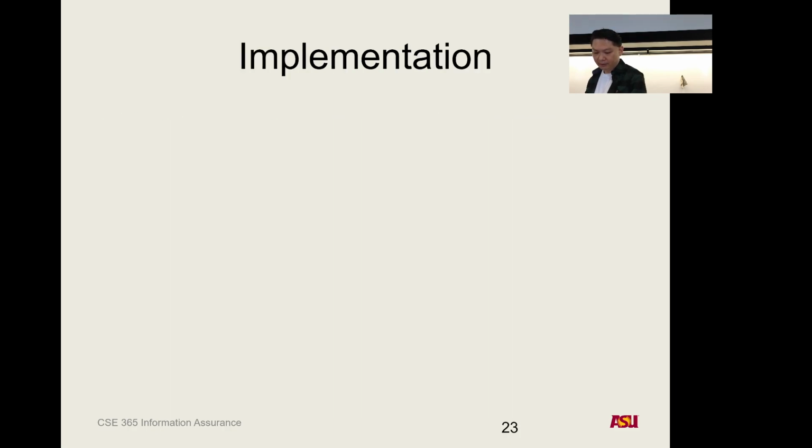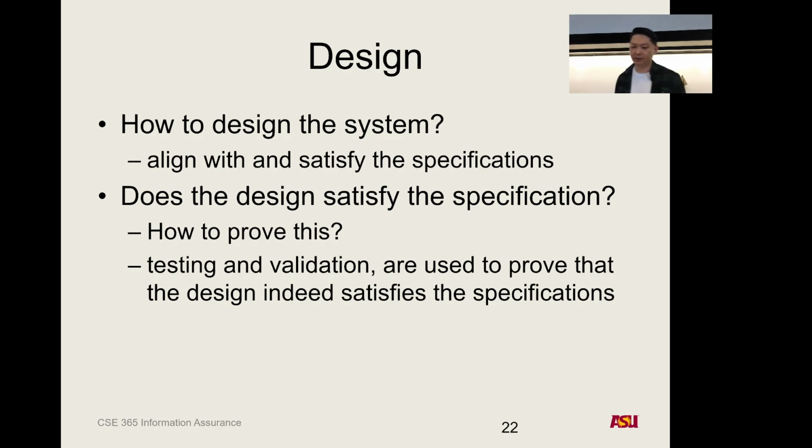Design. So how to design? Yeah, based on the specification, you should design. So the design satisfies the specifications. How to prove this? Yes, we have to perform the testing and validations.